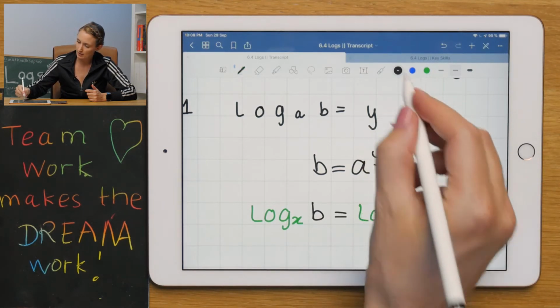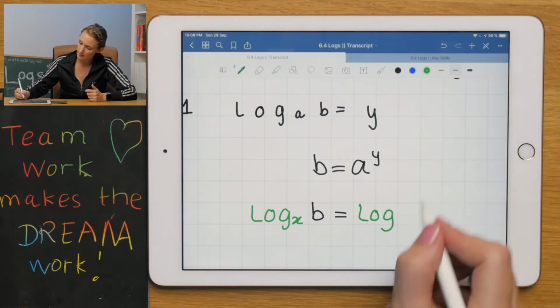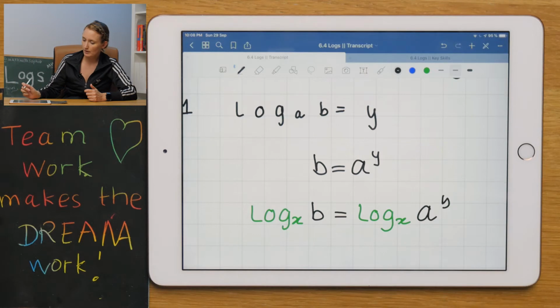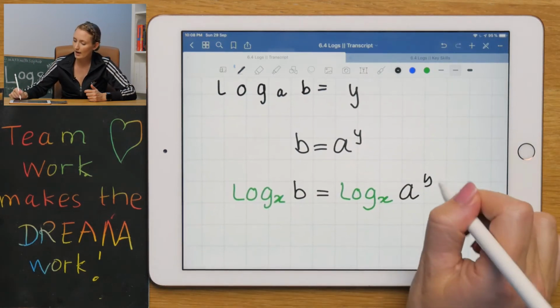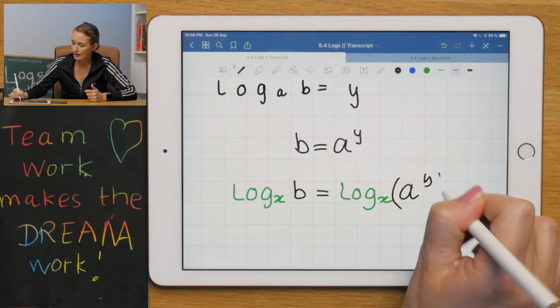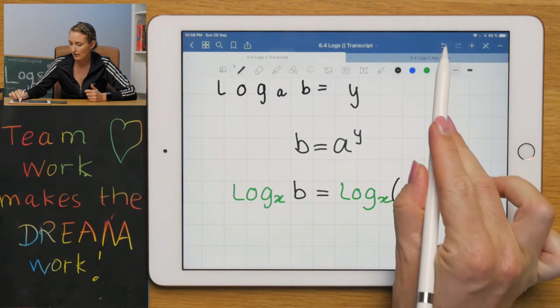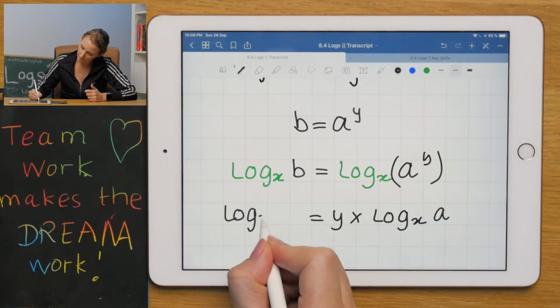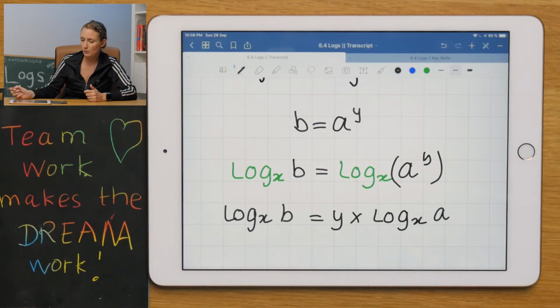Log base x on both sides. Okay, now if you remember, whenever we have an index inside the brackets, you can put it in front. Now you've got to think where we're going to go.